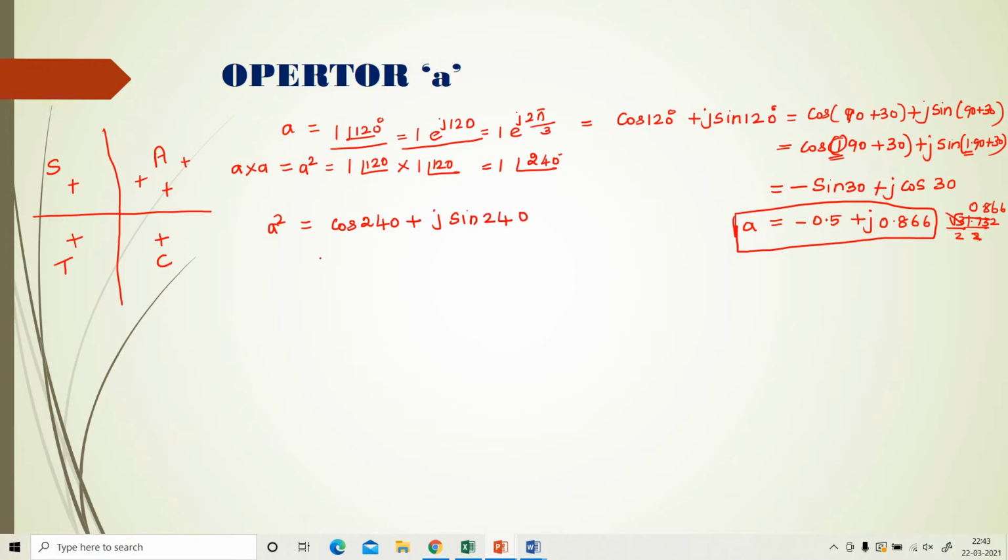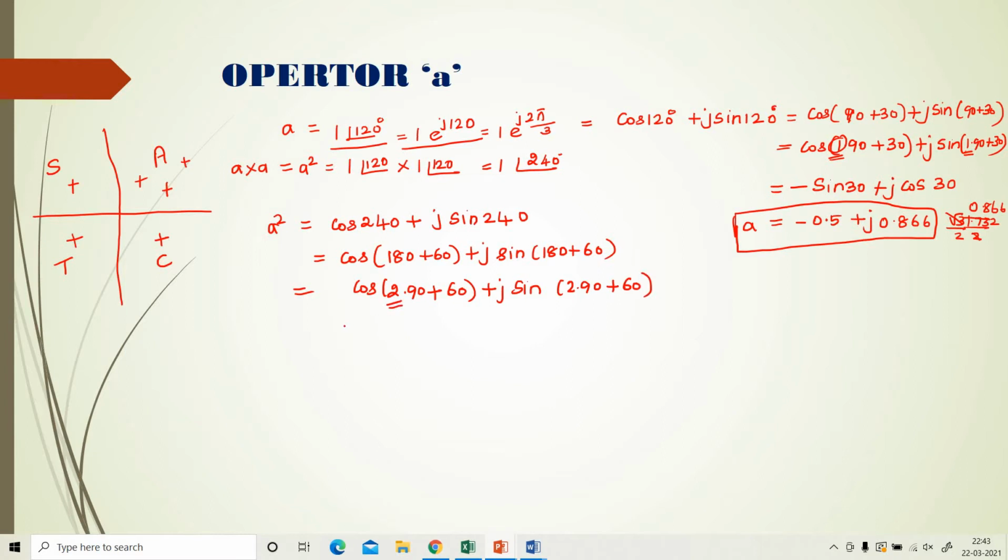How can I write this? Cos of 180 plus 60 plus j sine of 180 plus 60. So cos of 2 into 90. I can write 180 as 2 into 90 plus 60 plus j sine of 2 into 90 plus 60.